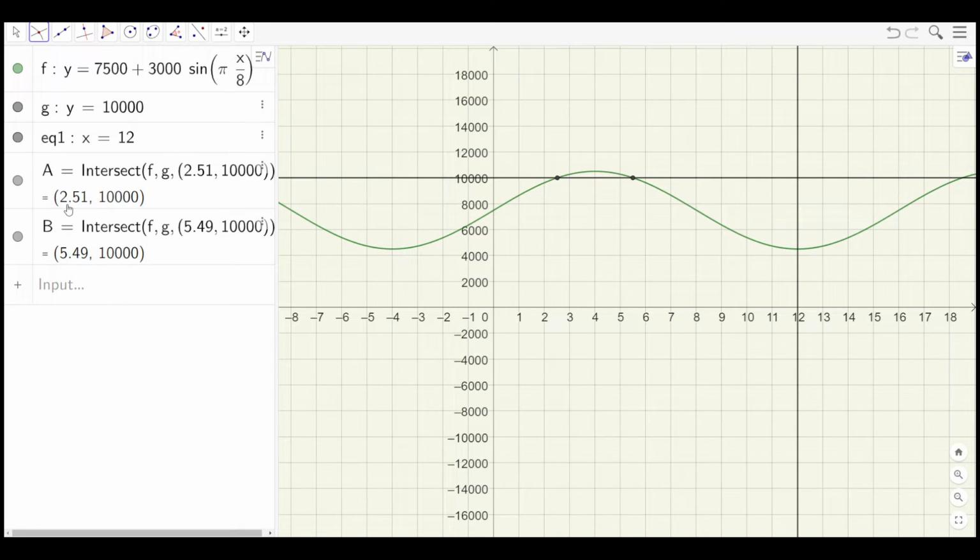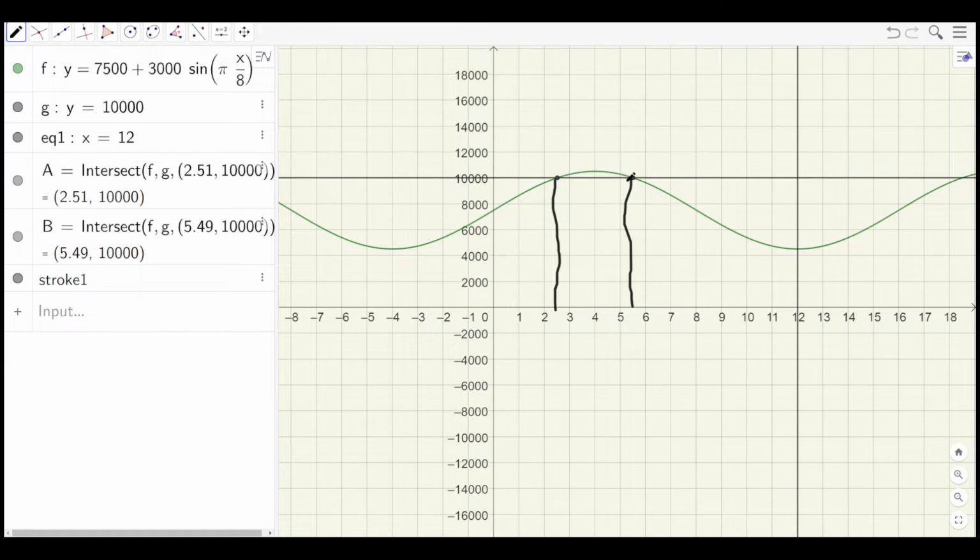So one of them is 2.51, the other one is 5.49. So this number that you see here, I cannot draw a very nice line, but this one up to that one, it's like a drunken line.